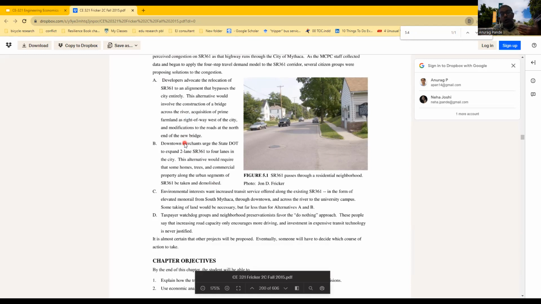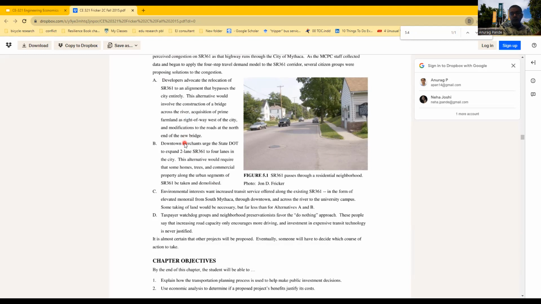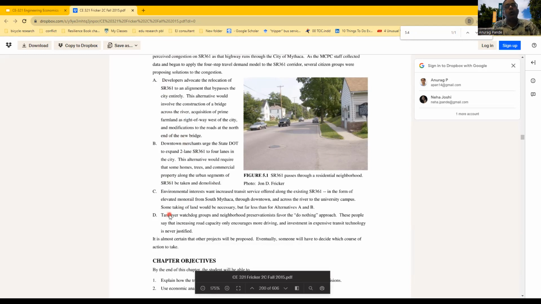And some of those questions are not necessarily engineering related. They're very much political decisions that have to be made. So we have to keep that in mind. This is the broader context in which solutions get proposed and implemented: different interest groups will have different objectives.